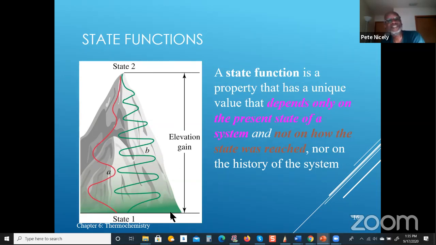So the difference in the internal energy would be the same regardless of how you get from state 1 to state 2. So that's basically one example of a state function, internal energy. And there are other examples as well, which we're going to see later on.